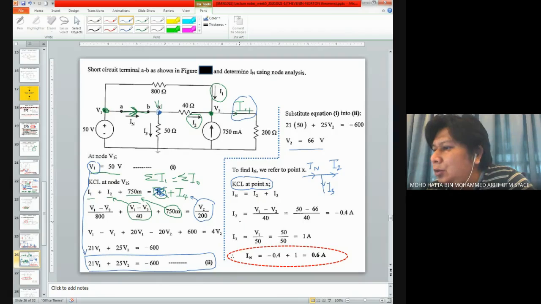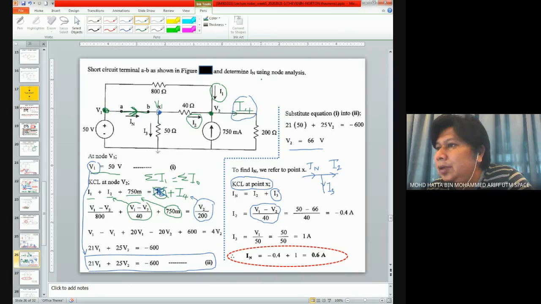I2 is given by this equation, and I3 is given by V1 divided by 50. So maybe I write it back at the top here.